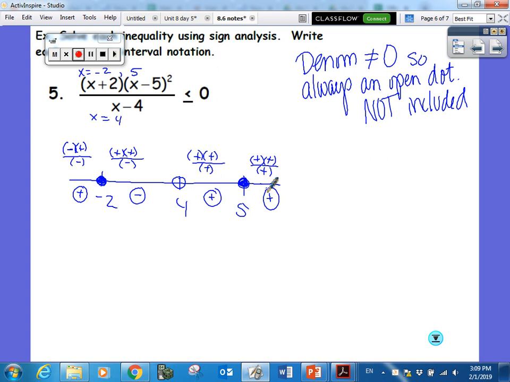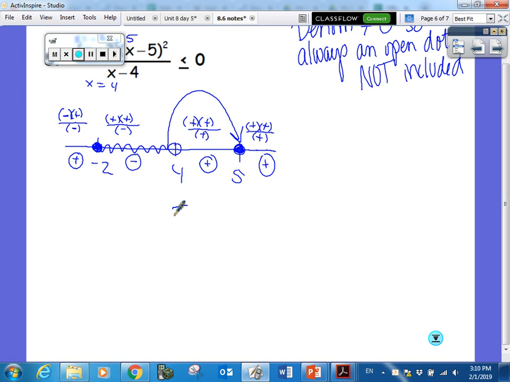And we want where it is less than or equal to 0. Can't forget about that dot right there that's all by itself. It's okay to be equal to 0. So we have that little section and that dot. So the way we would write our answer is bracket -2, 4, parenthesis, in union with the way you show just one single point, that number in brackets all by itself.